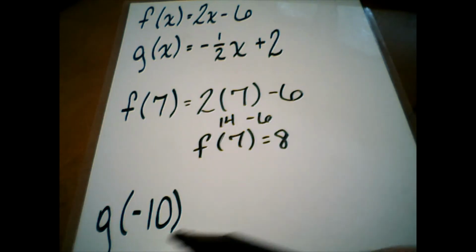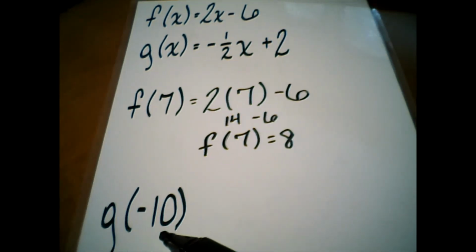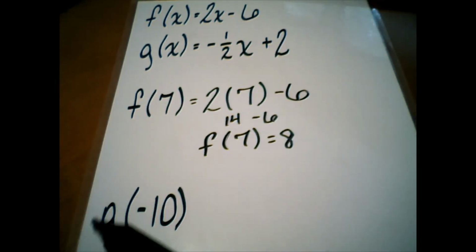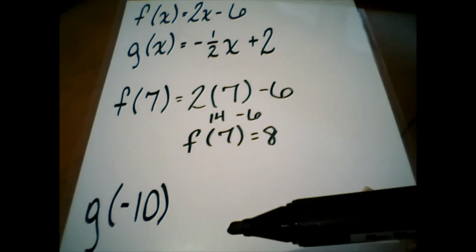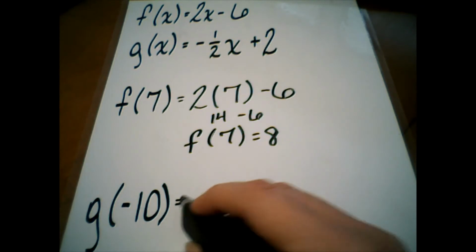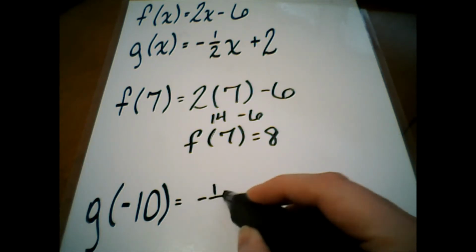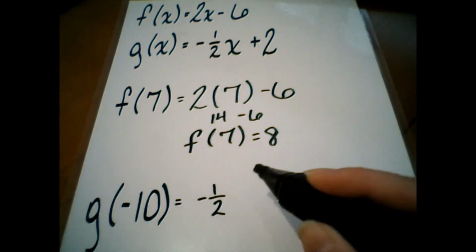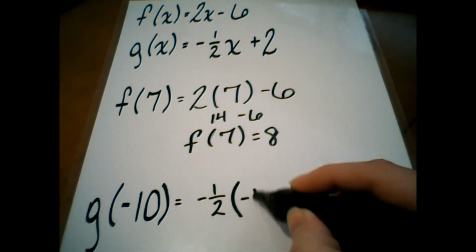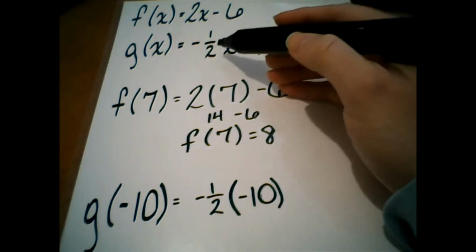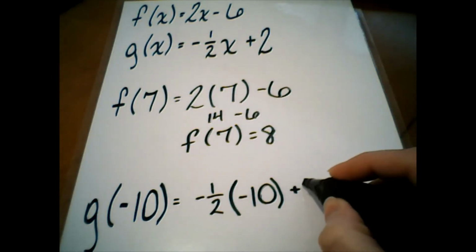Continuing along, the next problem might say g of negative 10. Now this is different. It says g instead of f. So we'll use the g function. Since it says g of negative 10, we'll still write the function out, and this is still the input. So it's negative 1/2 of negative 10, that's a multiplication problem there, plus 2.